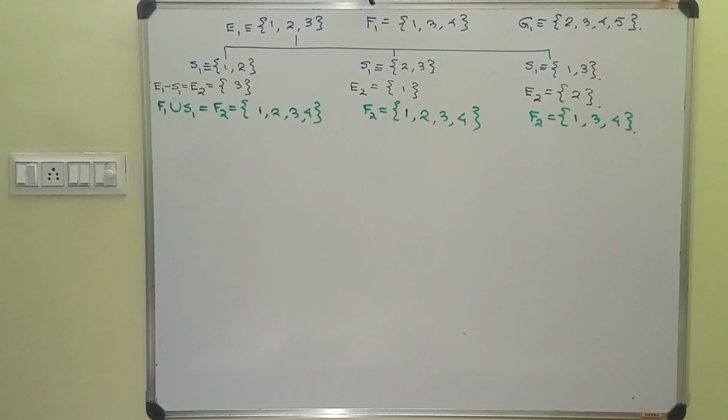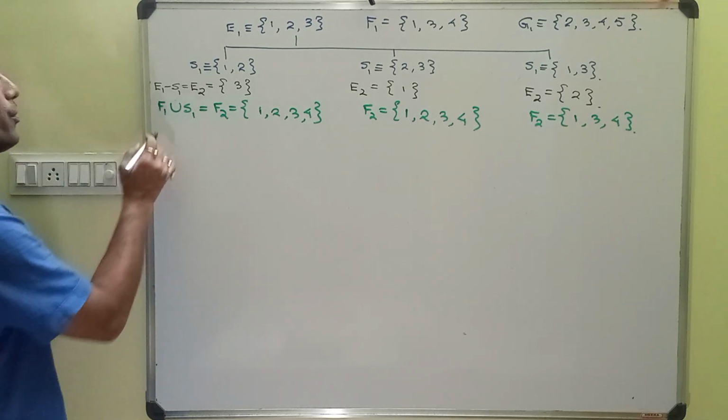Now F2 has been formed, and let S2 denote the set of these chosen elements. Now two elements are chosen at random without replacement from the set F2. S2 denotes this set of elements. Now how can you form S2 over here?